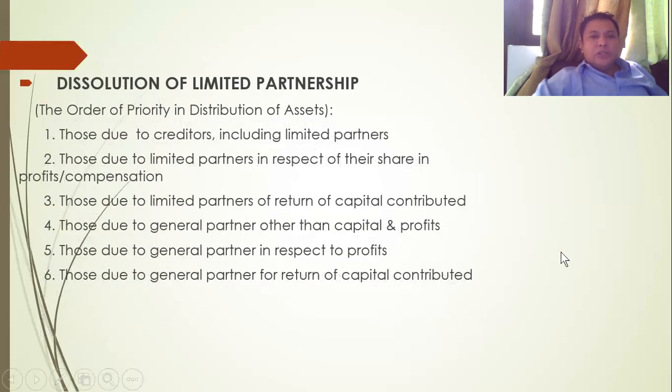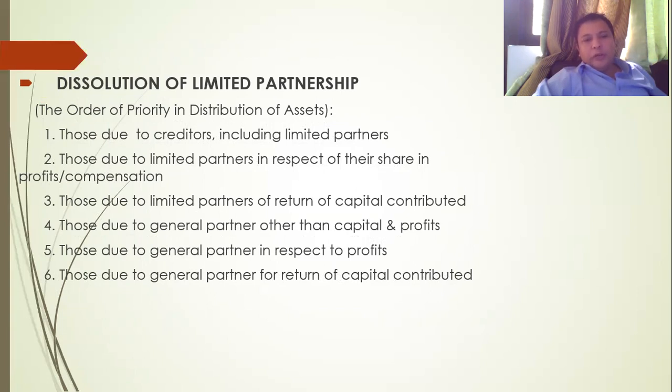So these are the incidents in which a limited partnership can be dissolved. I'm sorry, but this is the order of priority in the distribution of assets upon the dissolution of a limited partnership.